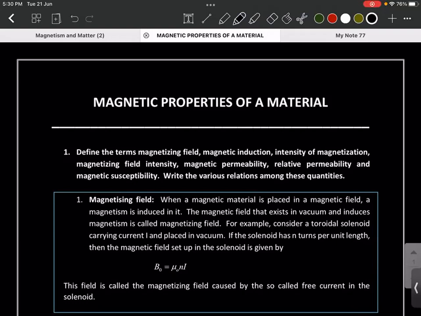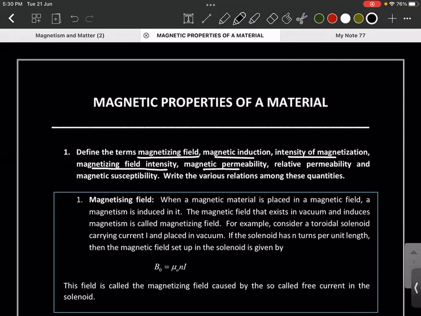Okay. So here, there are 8 terms that we are going to learn. Out of those 8 terms, a few terms are concerned with the field that is creating magnetism in a material, and a few terms are concerned with how much magnetism is created in a particular material. The topics that we are going to discuss are magnetizing field, magnetic induction, intensity of magnetization, magnetizing field intensity.